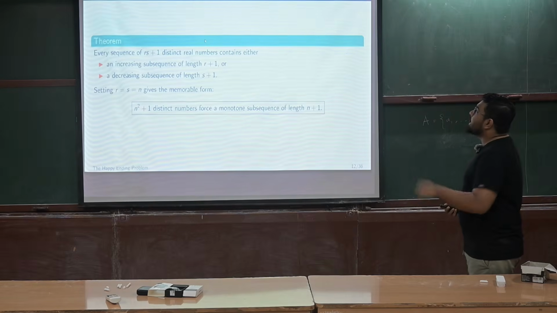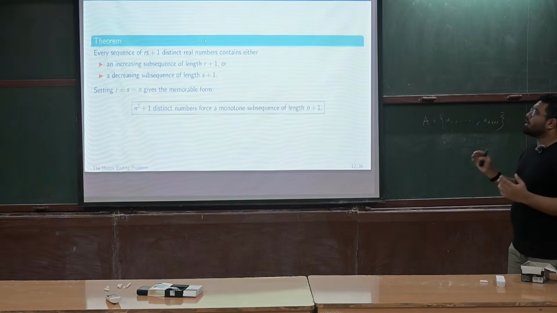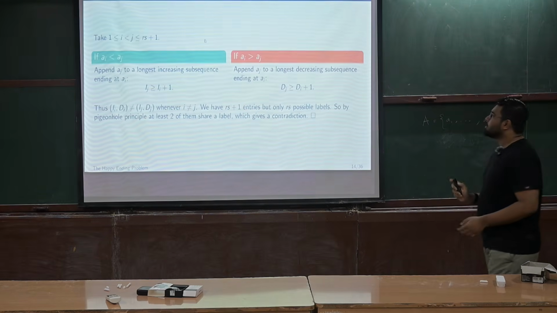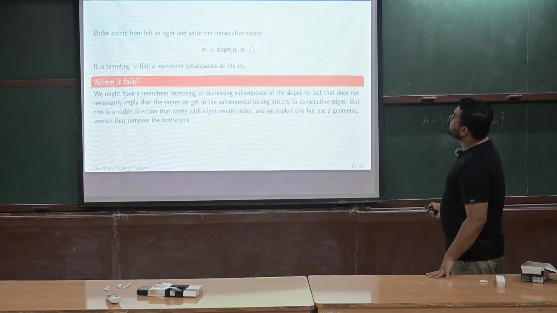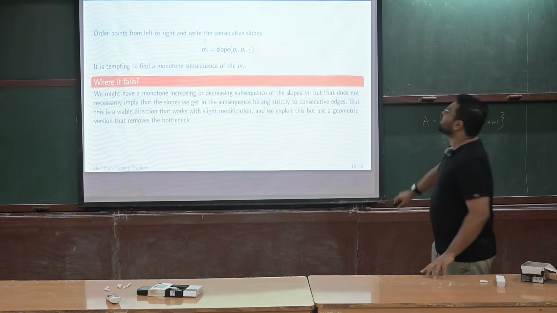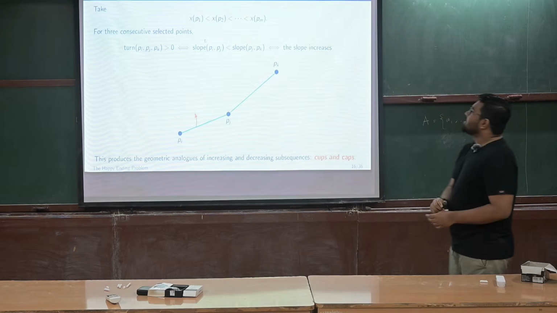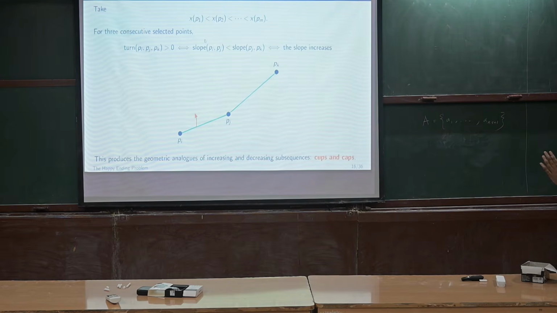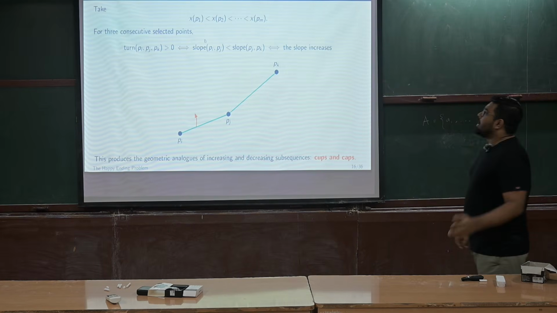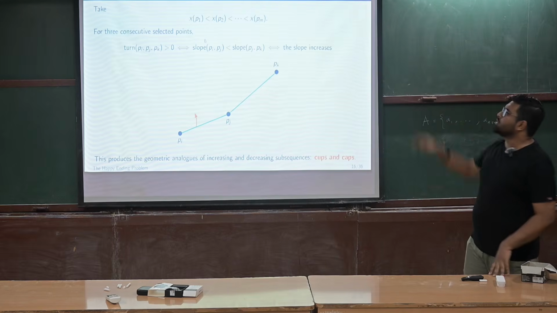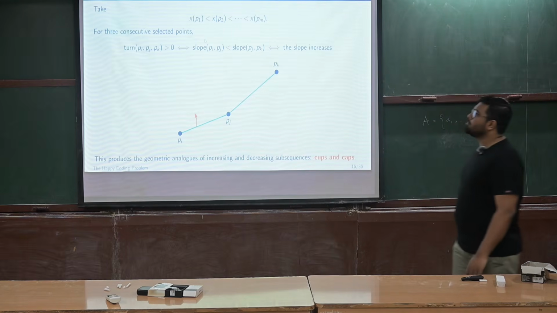So what we then do is try to give a geometric analog of this theorem. And that is how we define slope, basic 11-12 stuff. So now what you do is take all the points on the 2D plane and arrange them based on their x coordinates, x of p1 through x of pm.